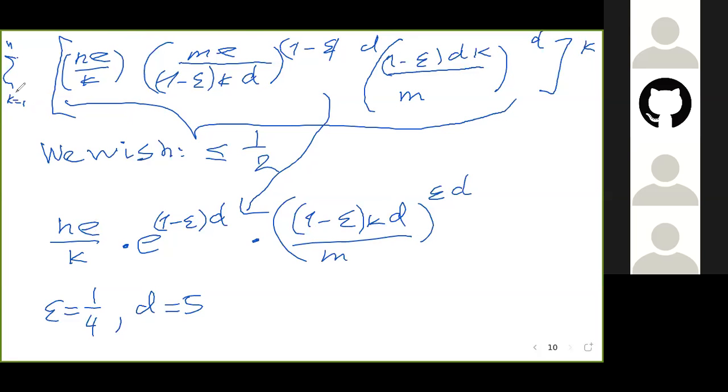So let's rewrite this k, everything, say by I. So I ranges from 1 to k, because the largest possible cardinality of I is k. So I here, I here, I here, and also I here, and I here.